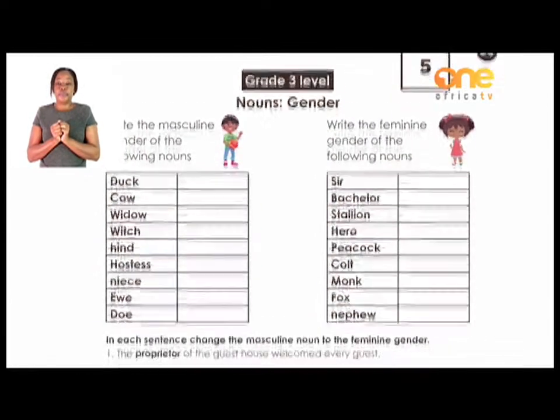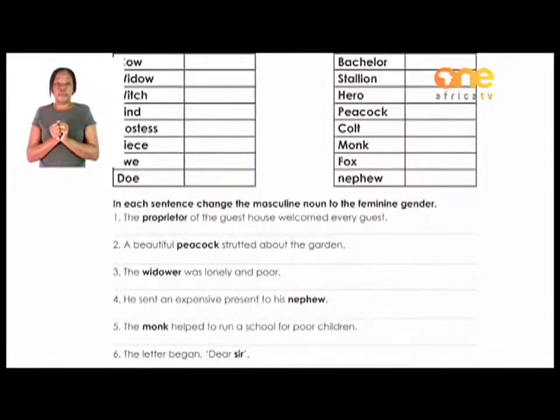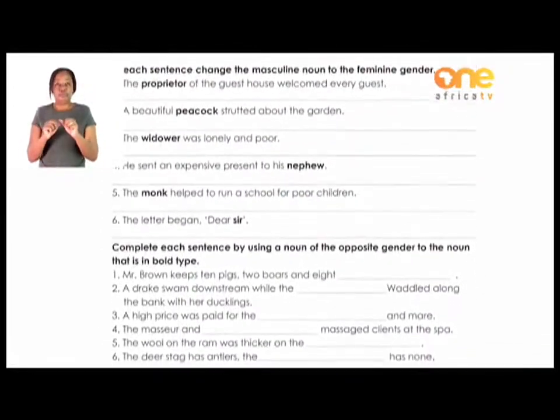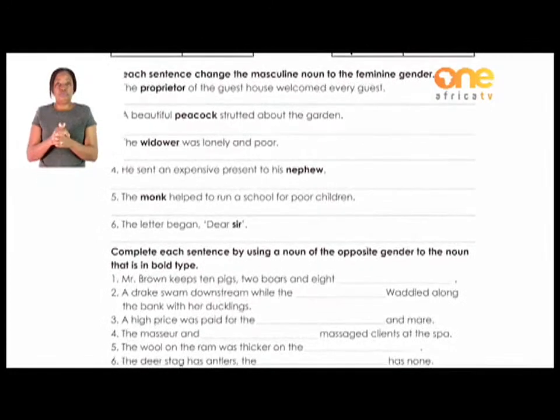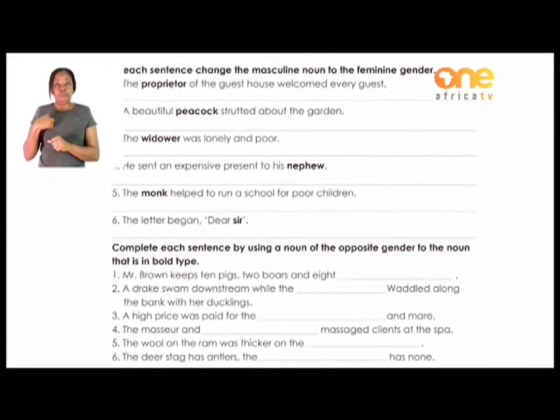Okay, still on the gender, we'll continue with the next one. The next exercise, the genders are put in the sentences. All right. So let's try the first one, and then you are going to do the rest. I want you to search for me all the words which are in bold. The words which are in bold represent genders, and you have to change that gender to the opposite gender.